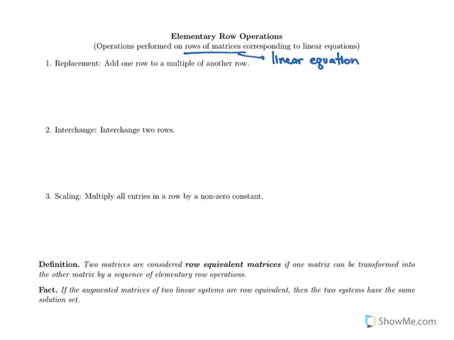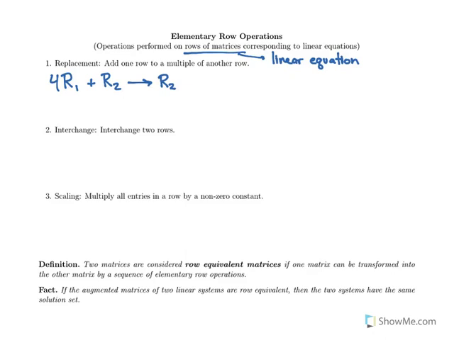So the first one is add one row to a multiple of another row. To see the notation as well, we're going to take 2 rows, let's say row 1 and row 2, and we're going to add some constant, let's say 4, times row 1, we're going to add that to the other row, and we're going to replace that into a new row R2.